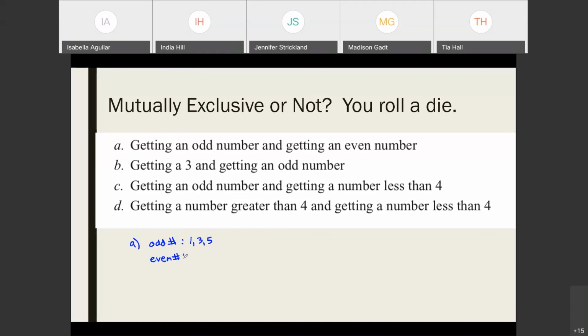And if I think about my even numbers on the die, those are 2, 4, and 6. So remember, mutually exclusive means that there's no overlap between the two sets. So 1, 3, and 5, 2, 4, and 6, there's nothing in common between the odd numbers and the even numbers. They are completely separate. So I would say that these are mutually exclusive.